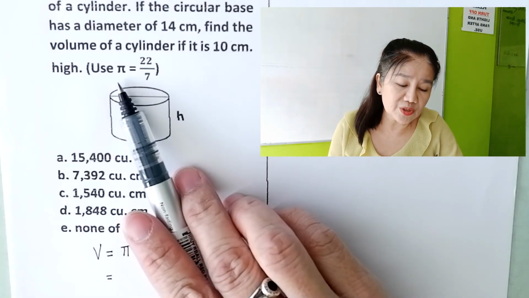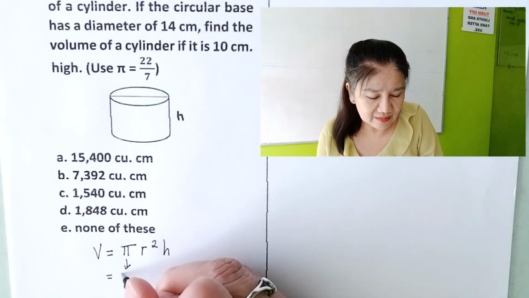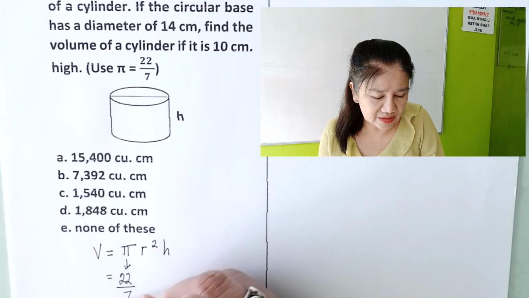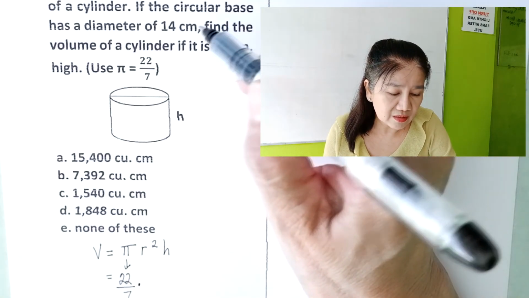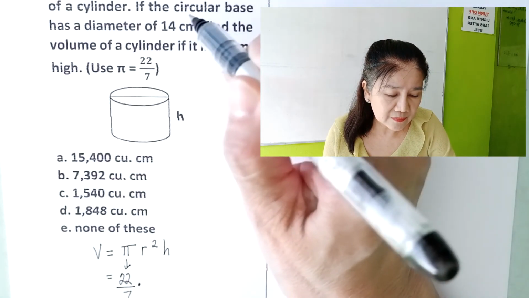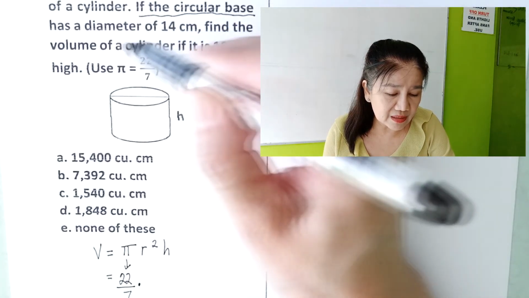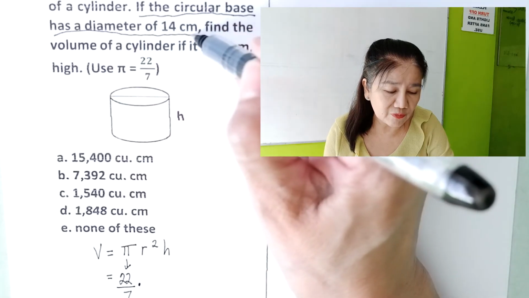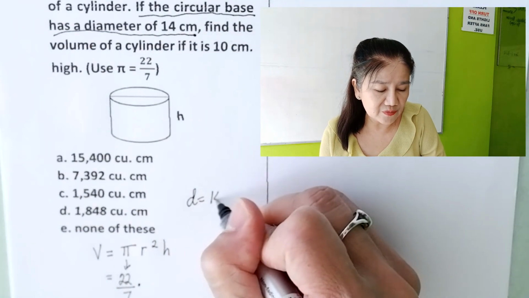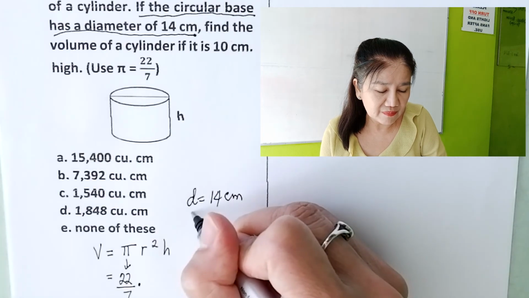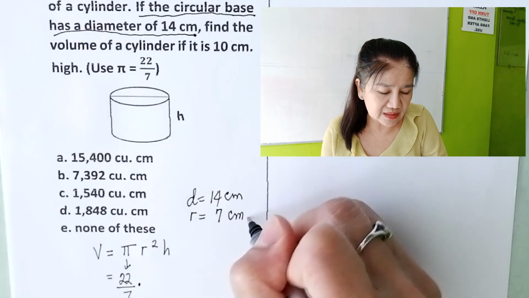It says here use pi equals 22 over 7. So substitute pi 22 over 7. r squared. r is here. If the circular base has a diameter of 14 cm, then your radius must be 14 divided by 2 or 7 cm.